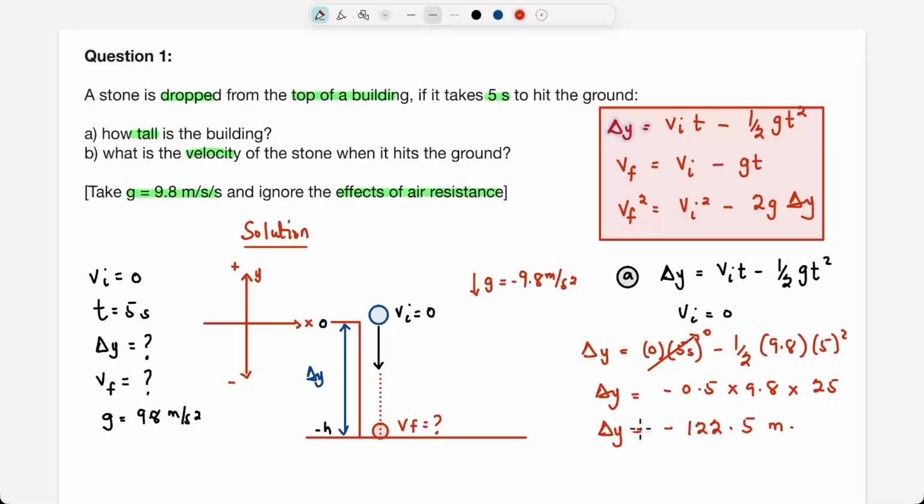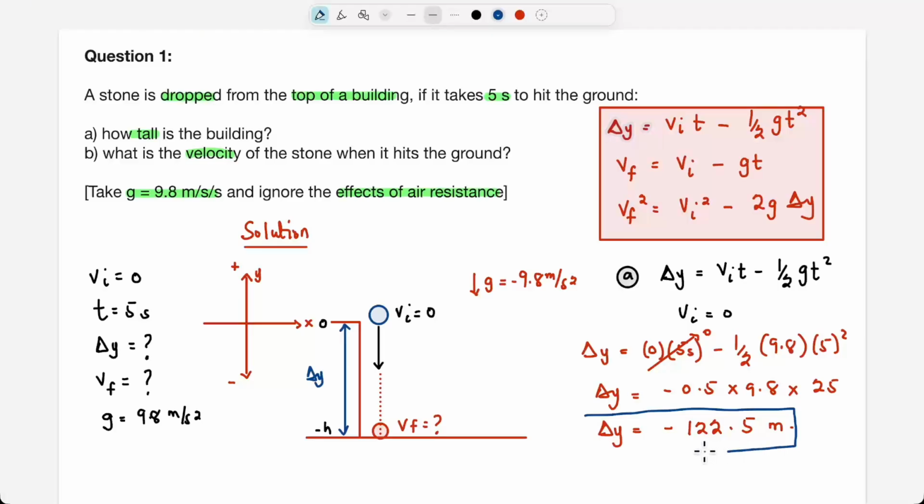Now, why is it negative? Because it is the displacement from this point. Since we've set our origin at this point, the displacement is downwards, and according to our coordinate system, any vector that points vertically downwards is going to be negative. So that's why we have a negative displacement.